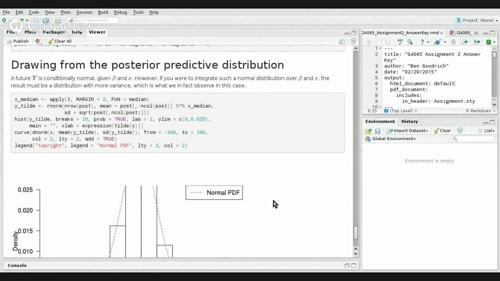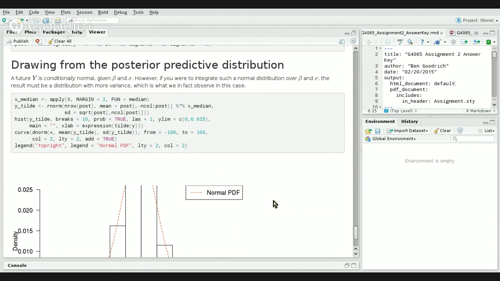So to draw from a posterior predictive distribution, it's a lot easier to do than perhaps it is to understand, but it isn't difficult to understand. And hopefully, if we get a little bit of practice with it, then it will be something that everybody is comfortable with. So in this case, the problem said we want the posterior predictive distribution given x, where x is a vector that is constructed from the sample medians. So this is kind of a typical x maybe.